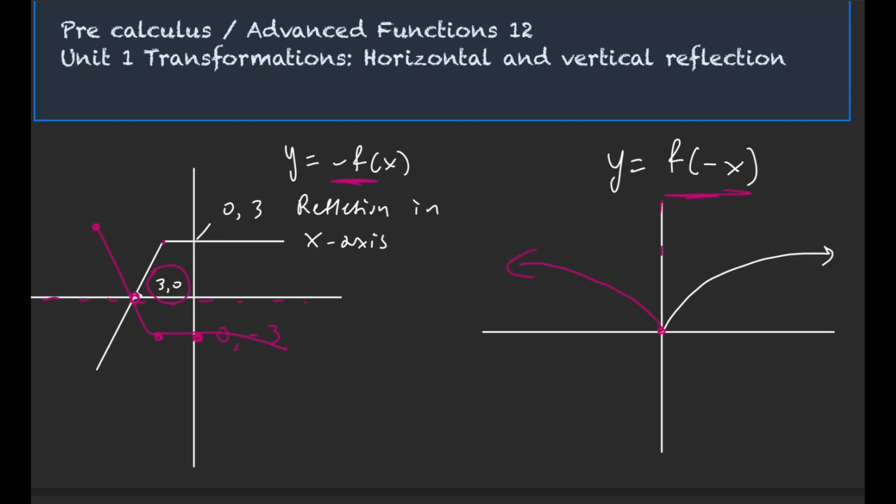So it's a reflection basically across the y-axis, f of negative x. So the negative x would deal with all of the x values. So, for example, if this point here was 1, 1, on the reflected graph, it would be negative 1, 1. And if it was 2, 4, it would now be negative 2, 4.